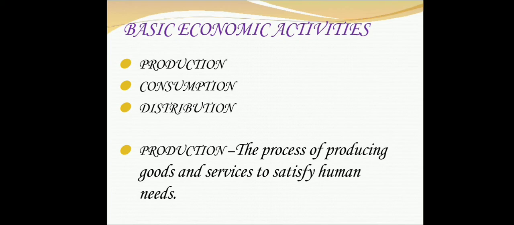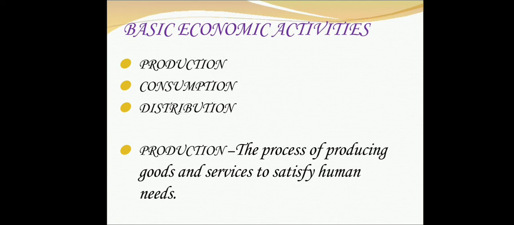First is production activity. What do we mean by production activity? It means the process of producing goods and services to satisfy human needs. Why have they produced these goods and services? They have produced them so as to satisfy human needs. We can take the example of a farmer. A farmer is a producer.